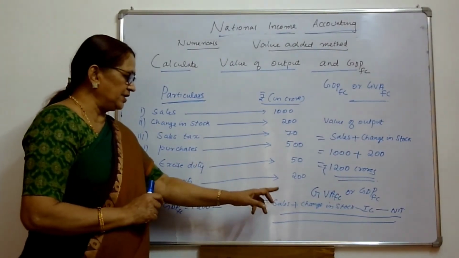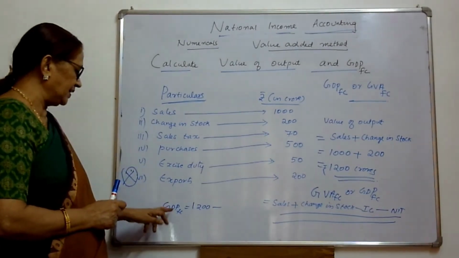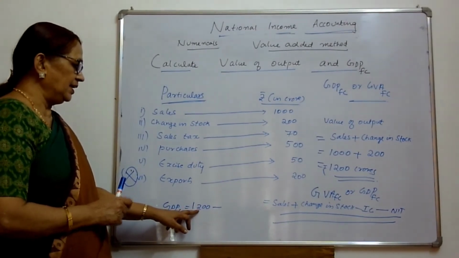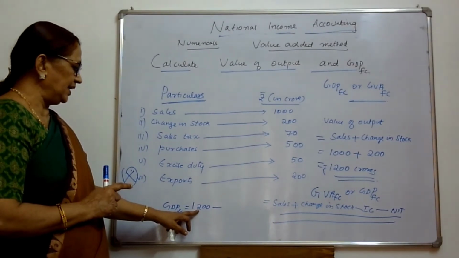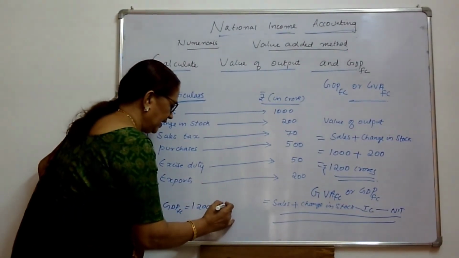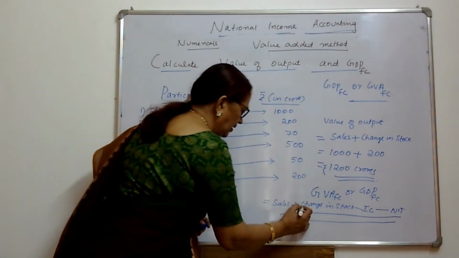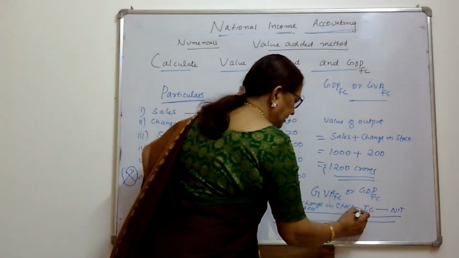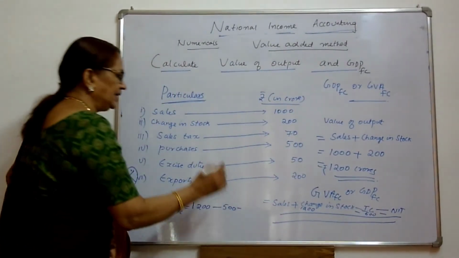So sales plus change in stock minus intermediate consumption minus net indirect tax. 1200 is the sales plus change in stock value minus intermediate consumption, that is 500. Intermediate consumption is 500. Sales plus change in stock 1200 minus intermediate consumption 500 minus net indirect tax.